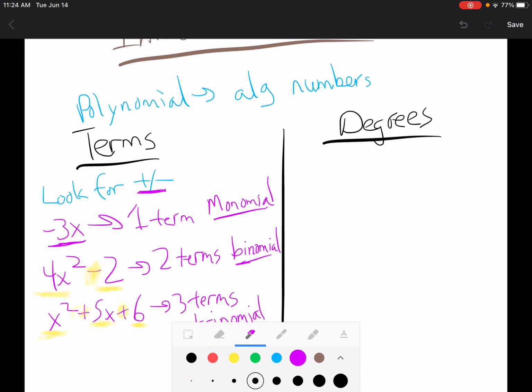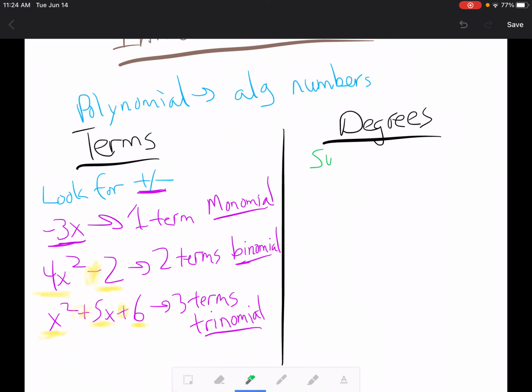Now, if we're talking about the degree of polynomials, this refers to the largest sum of exponents in a term. So let's start off with something nice and easy.